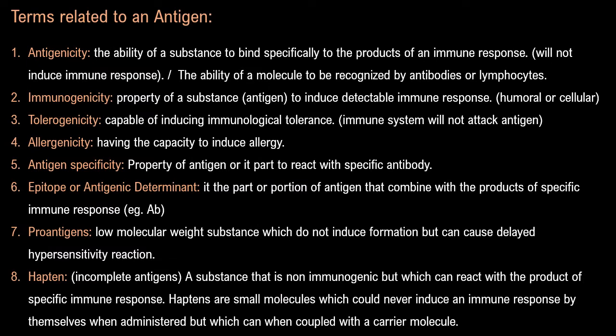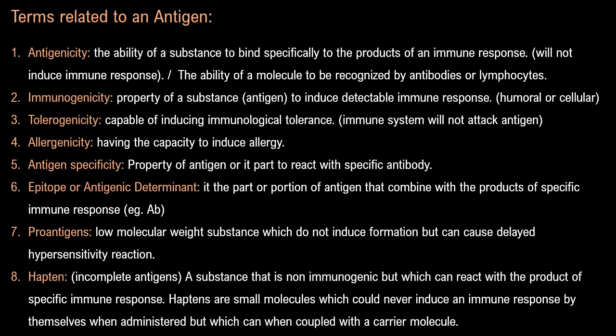Next are some terms related to antigens, and you may find these while studying your immunology course. Don't get confused between these terms. First is antigenicity. This is the ability of a substance to bind specifically to the products of an immune response.